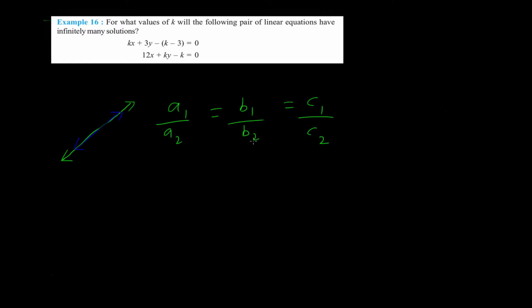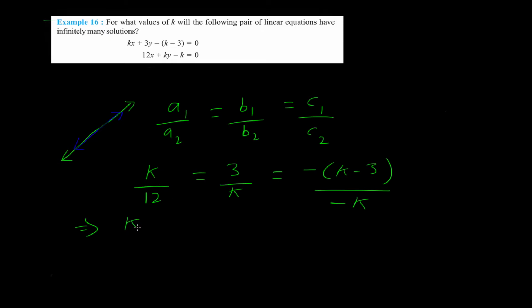So this was the condition that we had. So what do we have here? A1 is k, A2 is 12, B1 is 3, B2 is k, C1 is minus k minus 3, C2 is minus k.